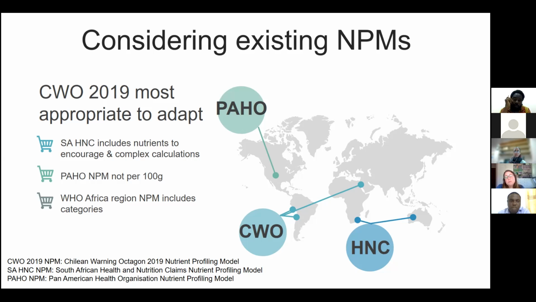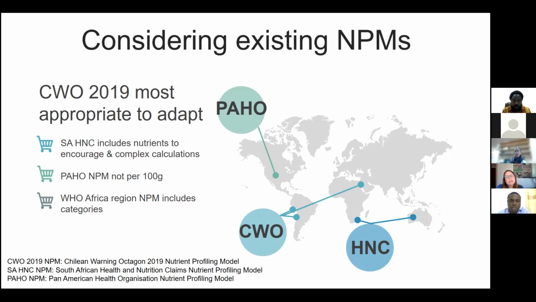It is based on the FERN2021 model from Australia and New Zealand, and uses both nutrients to encourage and nutrients to limit, and also makes use of a scoring system. Because this was not deemed appropriate for our model, we did not make use of this model to adapt. Similarly, the PAHO model makes use of percentage energy rather than a per 100 gram approach, and thus was not appropriate.